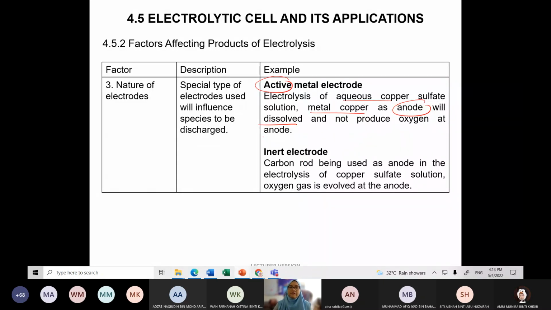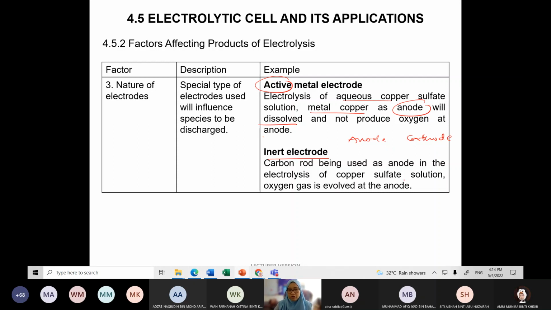Okay, that is if we are using active metal electrode. If we are using inert electrode like platinum, like graphite, like carbon, kan? Carbon is known as graphite. Carbon rod being used as anode in the electrolysis of copper sulfate solution, then oxygen gas is produced at the anode. Okay, alright. So ni macam biasalah, kita still need to consider who will be going to the anode, who will be going to the cathode, kan? Kita list out dulu, and then we are going to choose based on the reduction potential based on positive negative value tu.